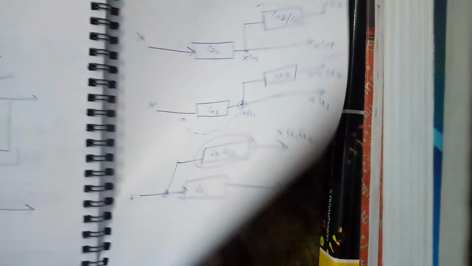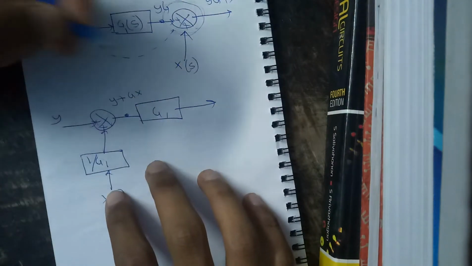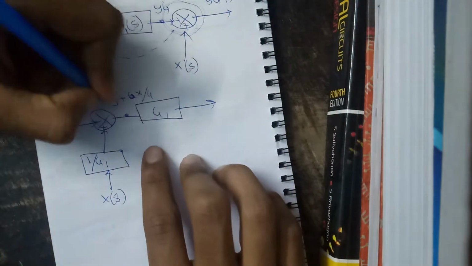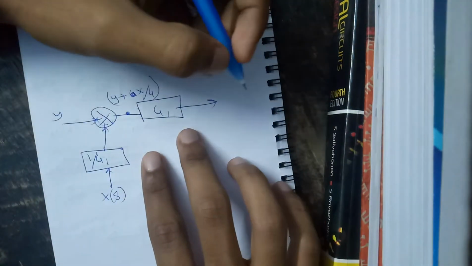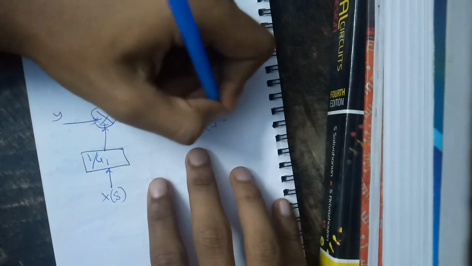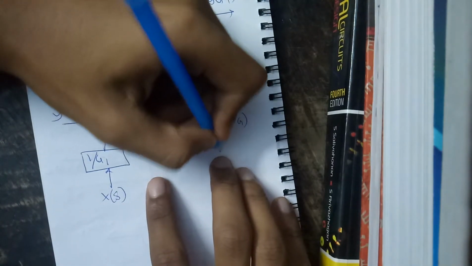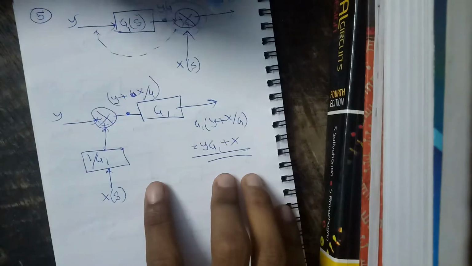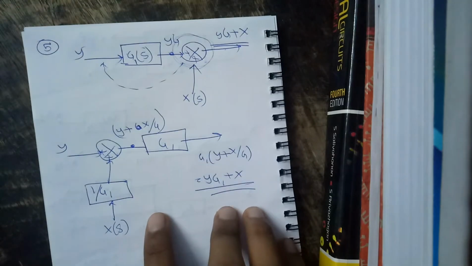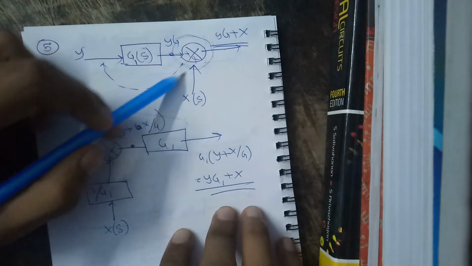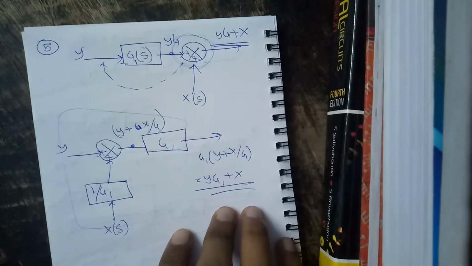Sorry, I was doing something wrong. Here it was multiply, so here it would be divide. So this is y plus x by g. This is multiplied by g1 again, which gives me g1 into y plus x by g, so this gives me y g1 plus x, as it was in the previous diagram. So this is the equivalent model if we move the summing point before a block.